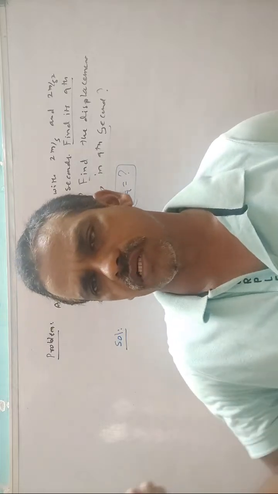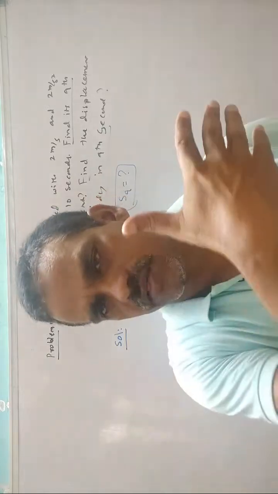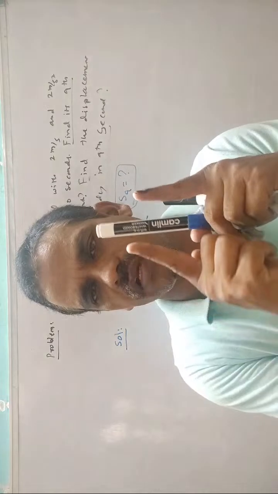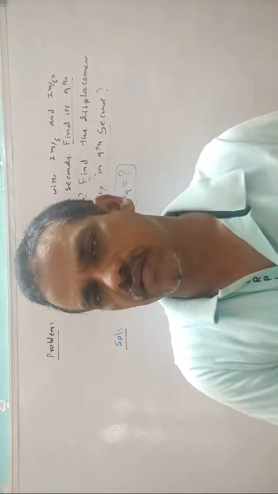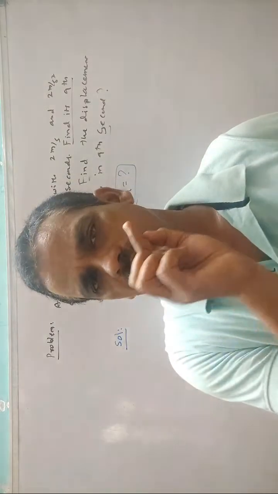Actually the body traveled for 10 seconds, but we have to find only the particular 9th second. That means the time starts t equal to 8 seconds to t equal to 9 seconds.